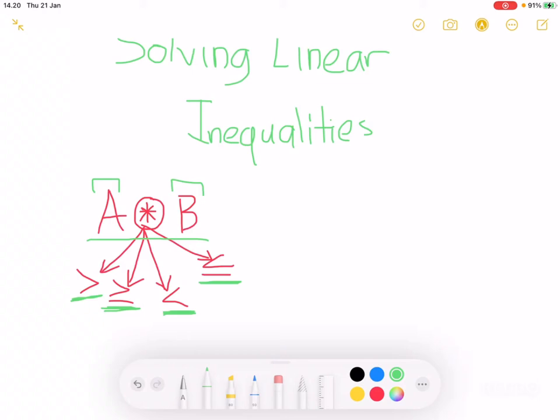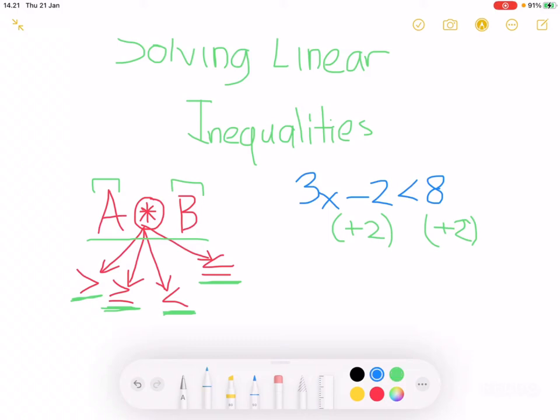The steps are very similar to how you solve a linear equation. For example, if you have 3x minus 2 less than 8, we can add 2 to both sides, and we can treat this like an equal sign, but there are some differences that you might consider.